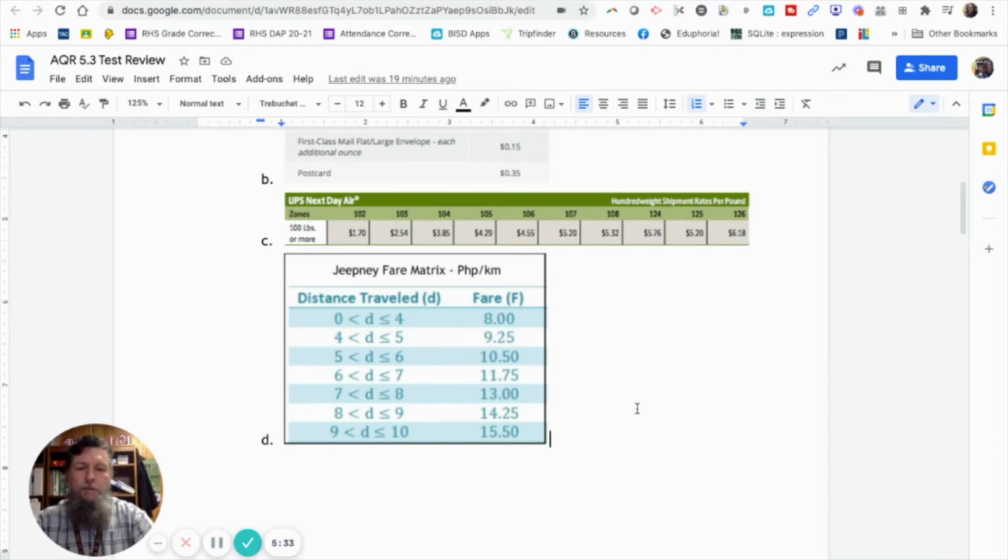So anyway, you've got 8 pesos to travel from 0 kilometers up to 4 kilometers. Anything over 4 kilometers, less than 5 kilometers is 925 pesos. 5 to 6 is 1050, 6 to 7 is 1175, and so on. That's obviously a step rate. Anywhere in between those distances, you pay that amount.